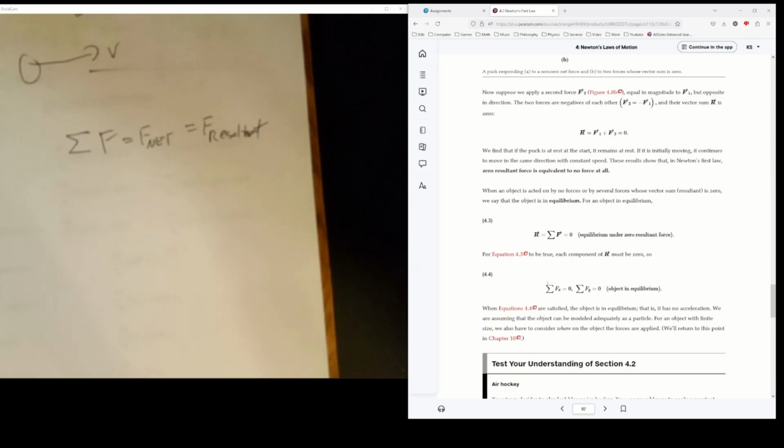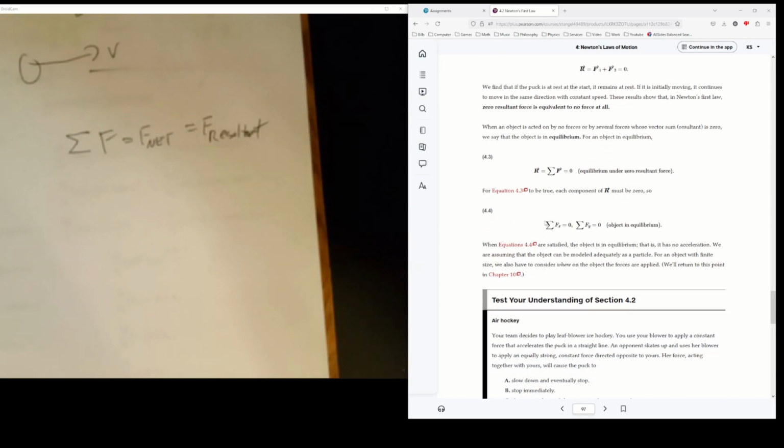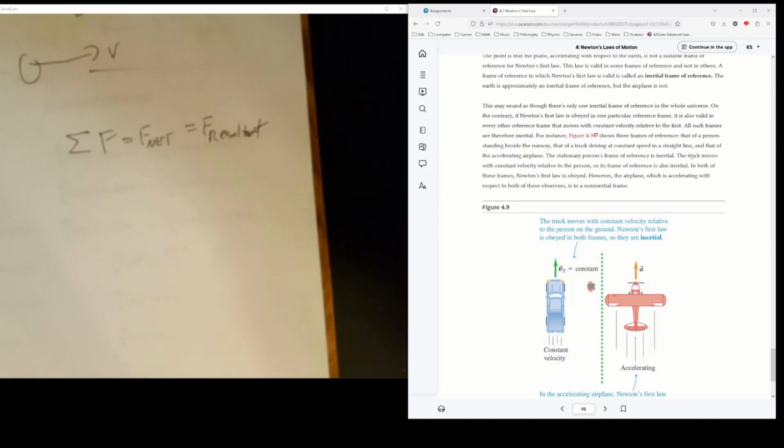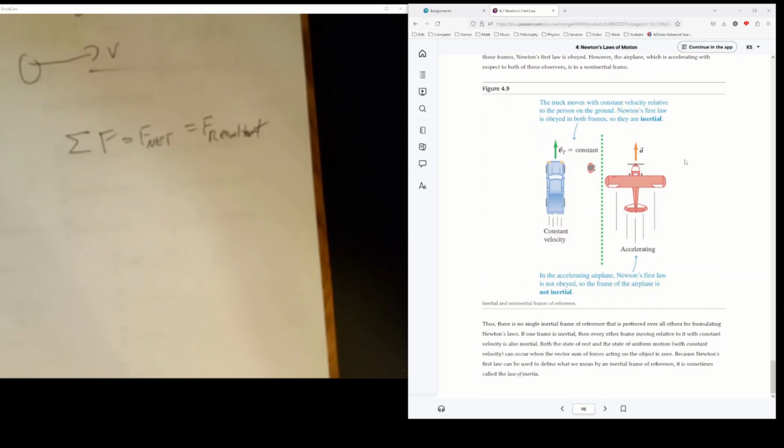You can see down here in 4.4 they're using the summation symbol. Actually, you can see it right here in 4.3. They're saying R equals this summation of forces. So I just want to be clear that these do mean the same thing. It's unfortunate that there's a lot of terminology that means the same thing sometimes, but that's just the way it is.